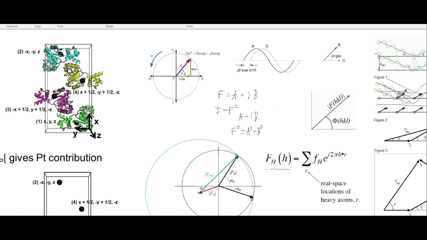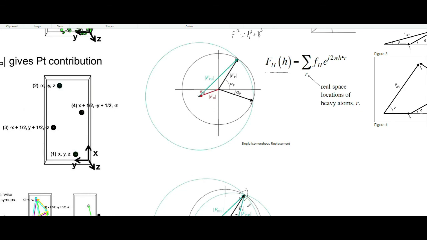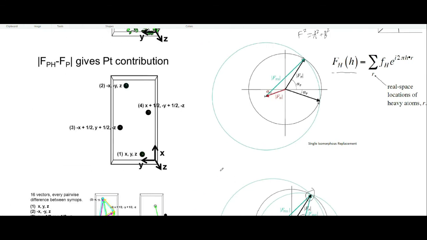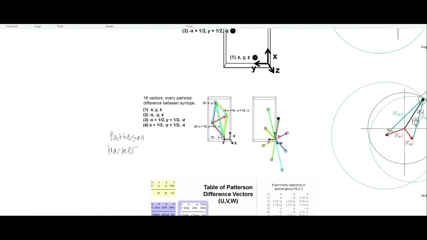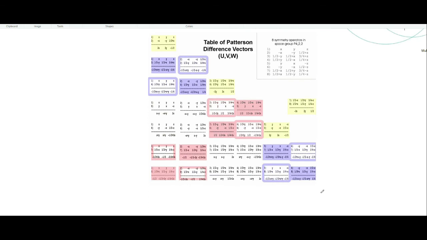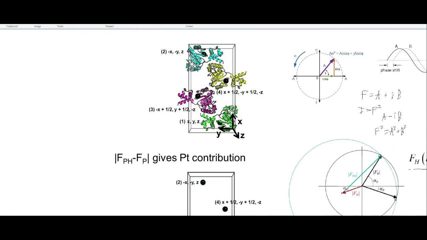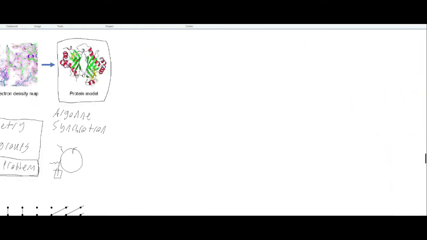I'm not going to go too much into that, but finding the phases can be a whole exercise in itself. Like I said, I didn't even go into Patterson functions and Patterson maps, which go even further off into the weeds.